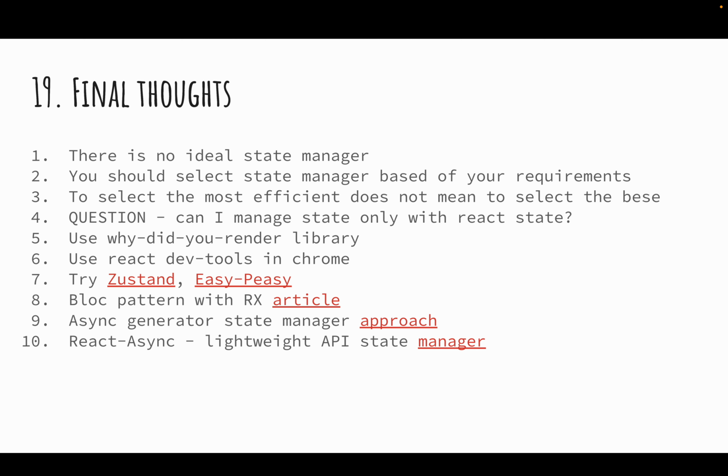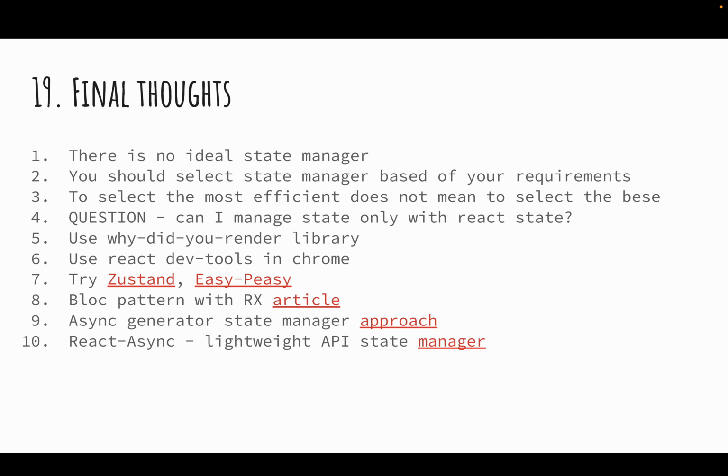And try these simple state managers with React state: this is Zustand and Easy Peasy. And this is a great BLoC pattern with RxJS article. There is also an approach to manage your state using JavaScript generators.